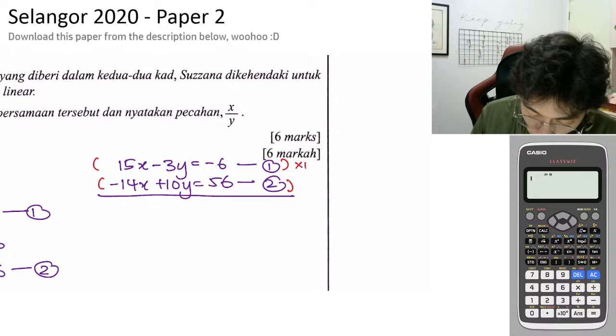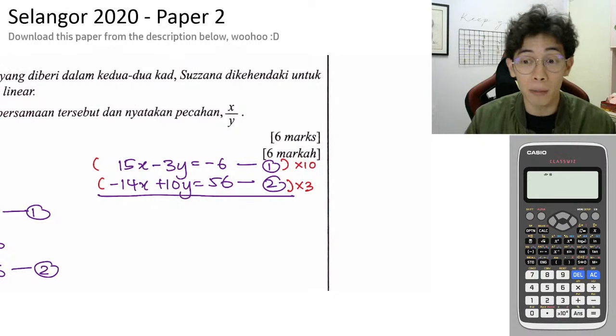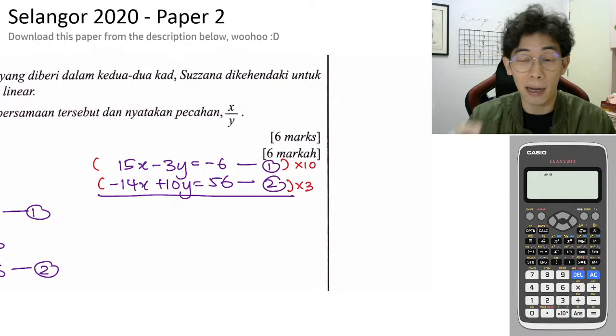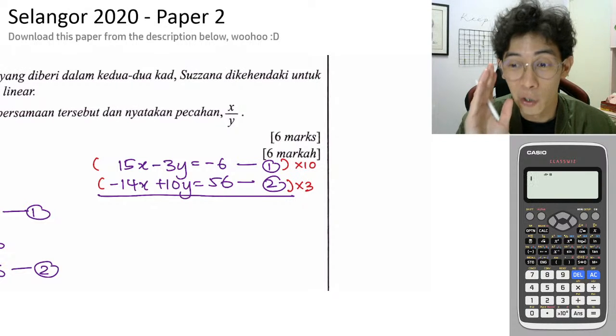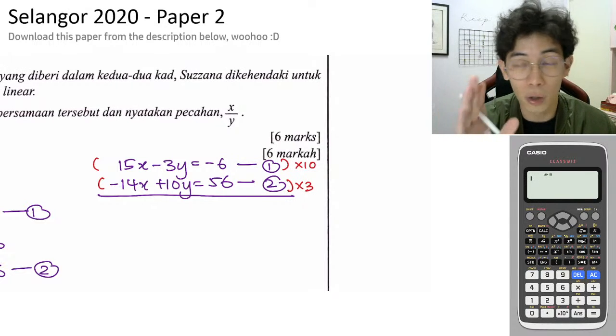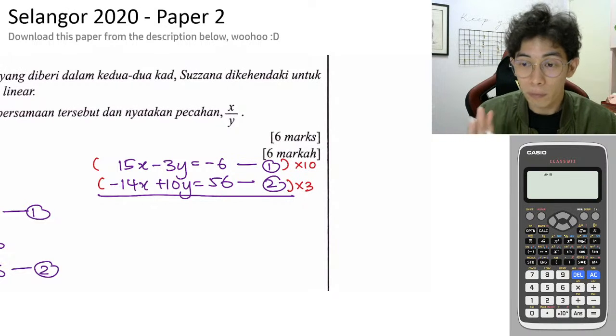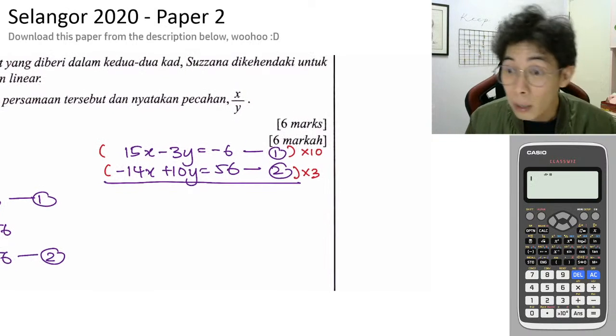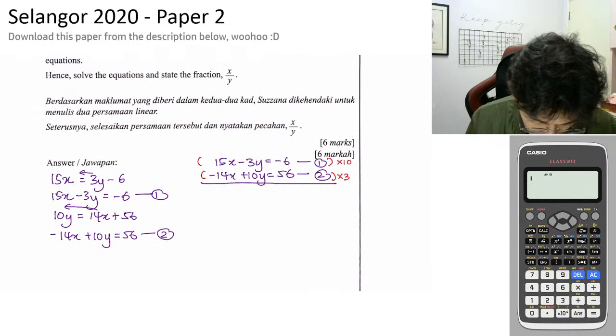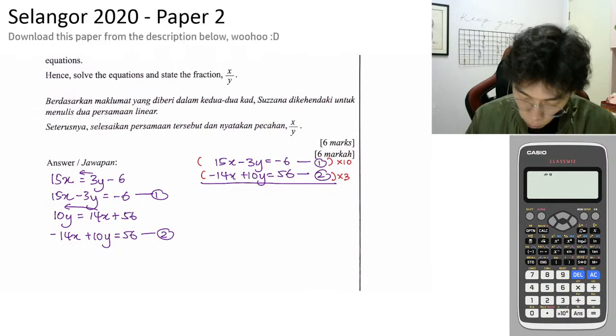So you're going to times with 10 and times with 3. The reason being, I'm going to make my y into 30. I know students will say, teacher, I can do it faster. I know, go ahead. Now let me check, did I do something wrongly? No, so far okay.